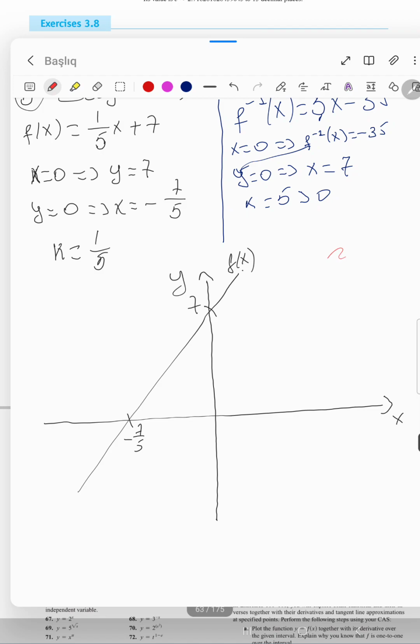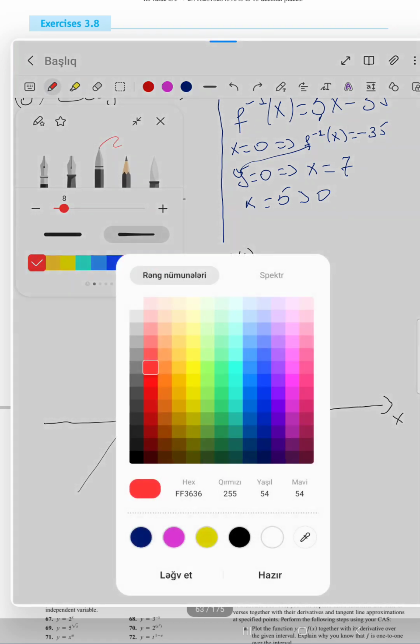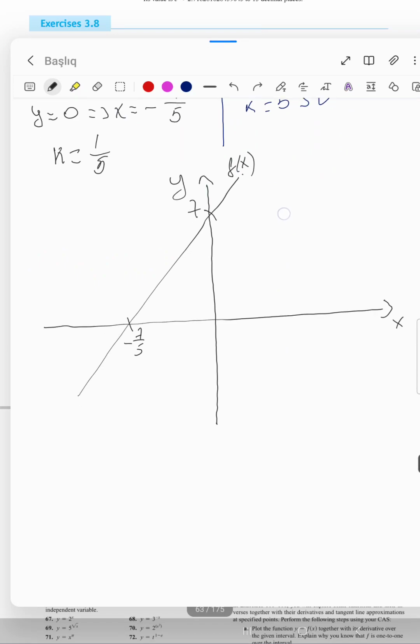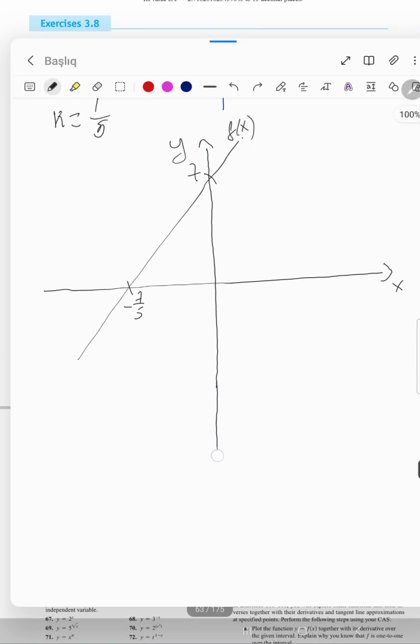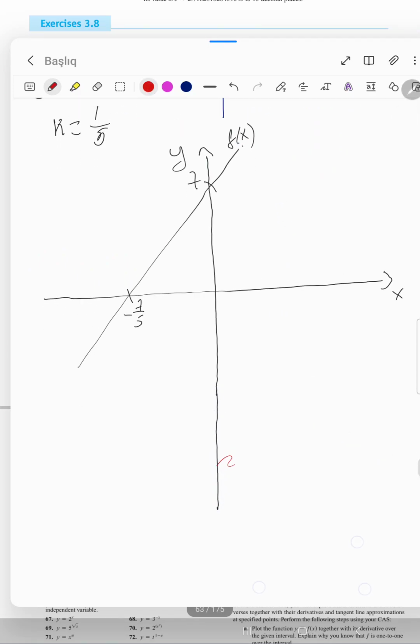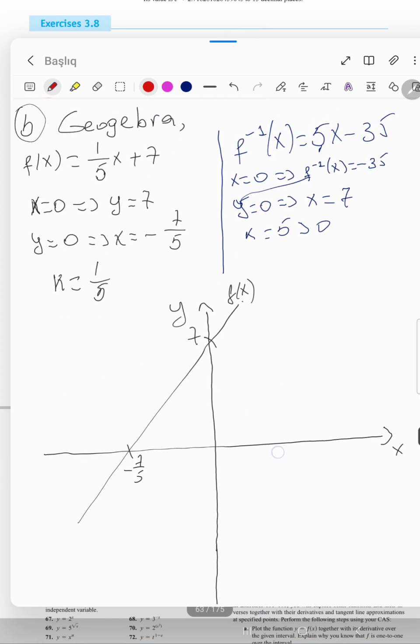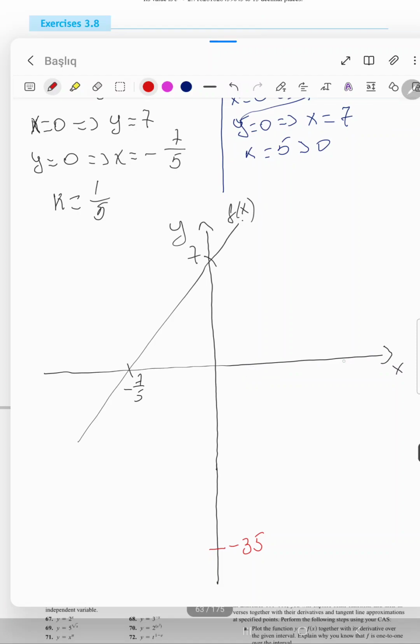So when x is 0, the function is -35. Let me take it here. Minus 35, no, it's not possible to take. It's ridiculous, actually. I'll make our y-axis a little bit longer. Now, minus 35. And when y is 0, x is 7.